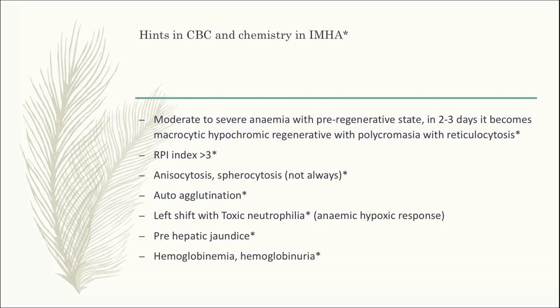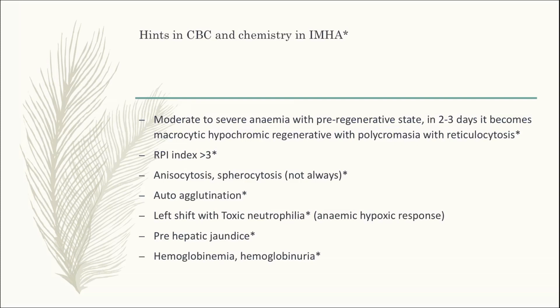And you can also do autoagglutination test within the laboratory. It's a simple test. There are 2 types of autoagglutination test. One is saline agglutination test. You just put a drop of blood and 2 drops of normal saline. You mix and see for agglutination grossly and microscopically. There is another autoagglutination test where you actually wash the erythrocytes and extract the serum of the same patient, and you just incubate the serum of the patient and washed RBCs for 45 minutes at 37 degrees Celsius, and after that you need to examine that sediment under microscope to see agglutination.